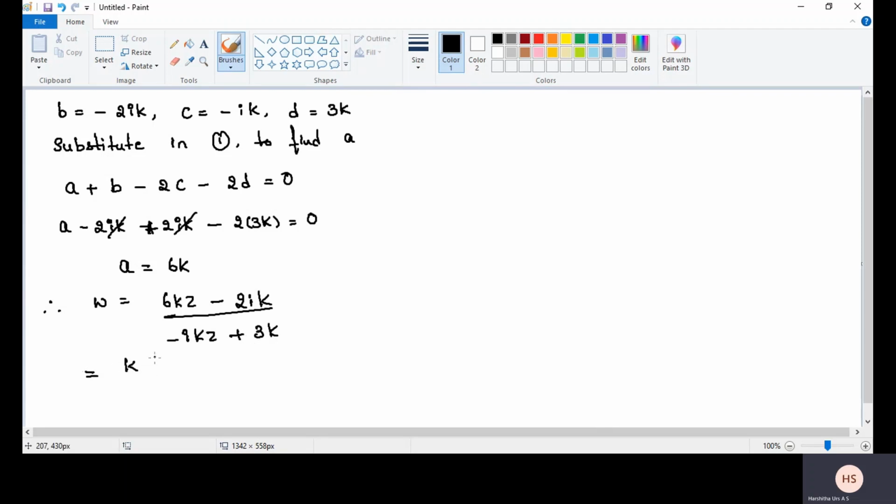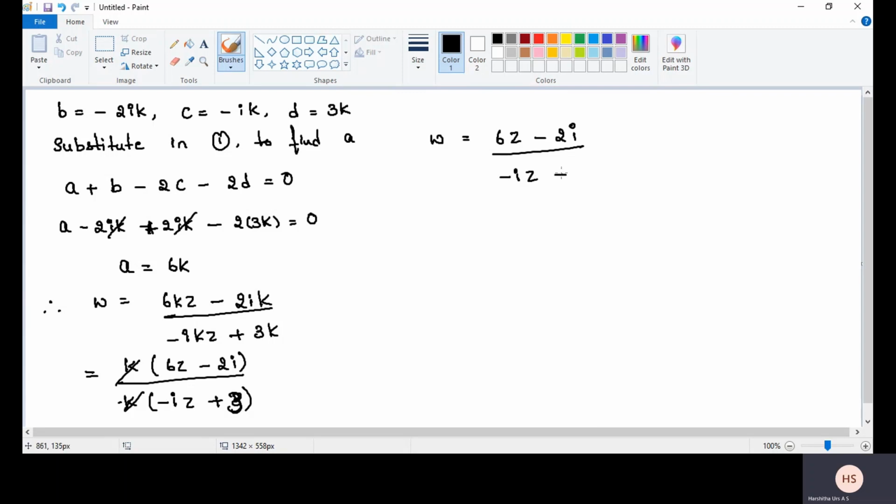I take k as a common term in both the numerator and the denominator. 6z minus 2i divided by k into minus iz plus 3. k will get cancelled. w is equal to 6z minus 2i divided by minus iz plus 3. This is the required bilinear transformation.